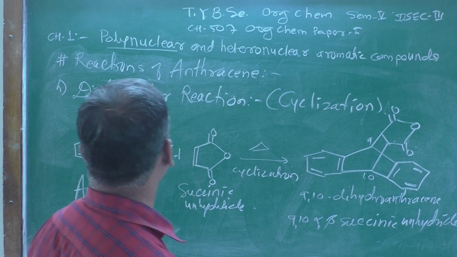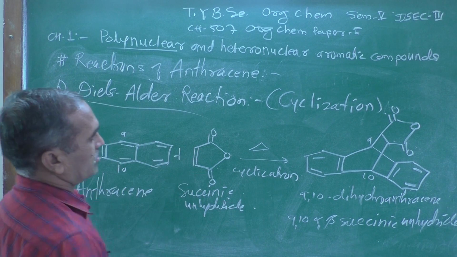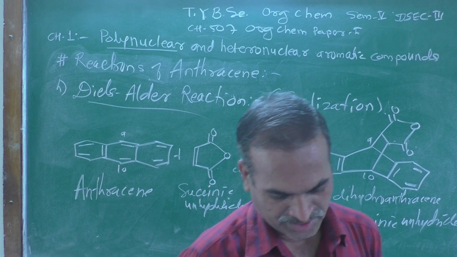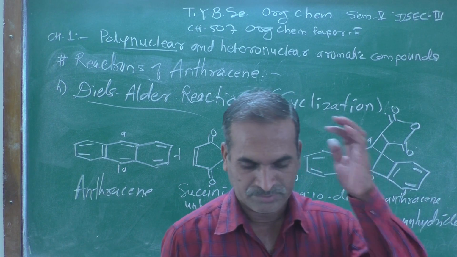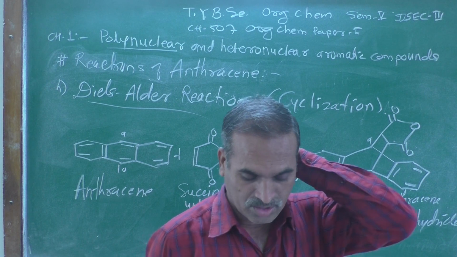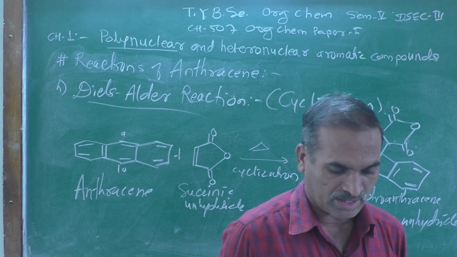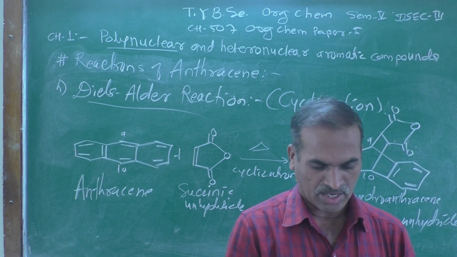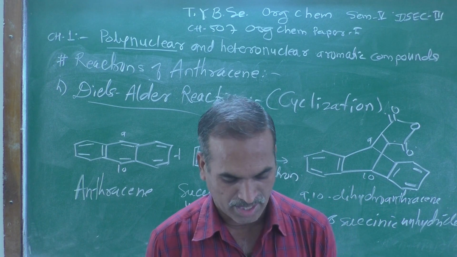This is the product. This is known as a Diels-Alder reaction. It is an addition reaction which occurs in the case of anthracene and maleic anhydride.